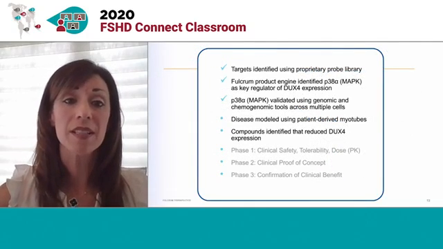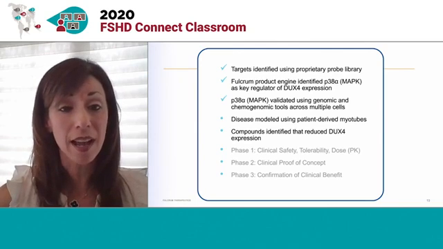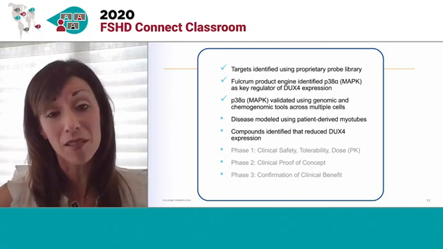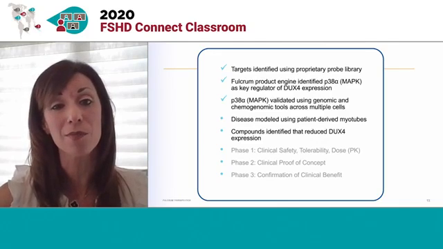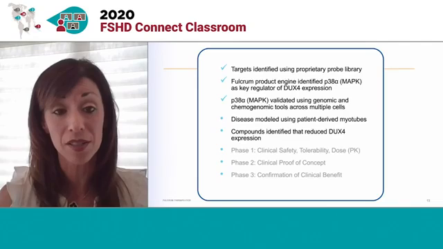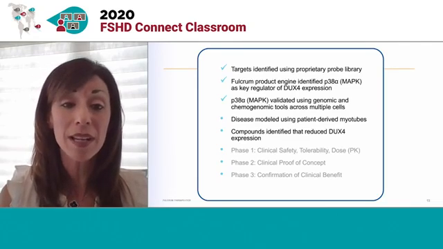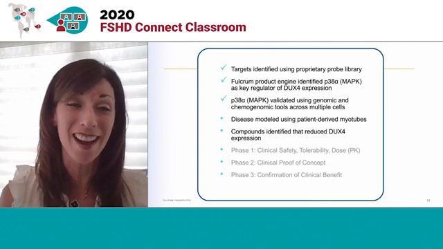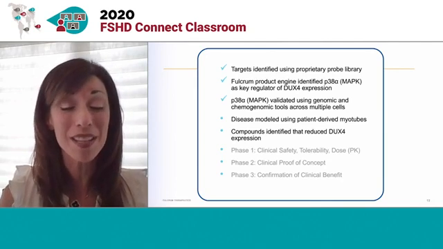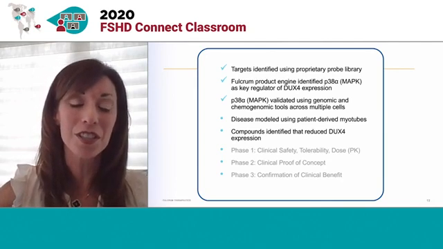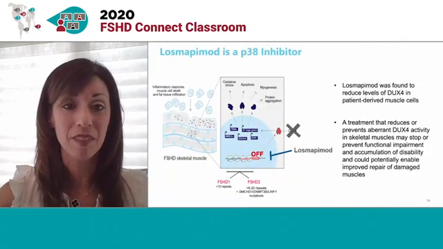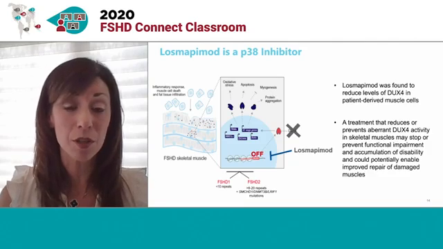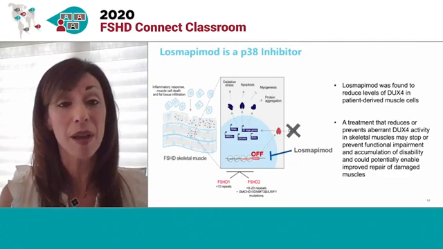So now that we've identified our target, which is p38 alpha, and validated this target, we need to model the disease using patient-derived myotubes or muscle cells, and also evaluate compounds that could potentially work through p38 alpha or inhibit p38 alpha to reduce the DUX4 expression. And so one of the p38 inhibitors that we identified was losmapimod.